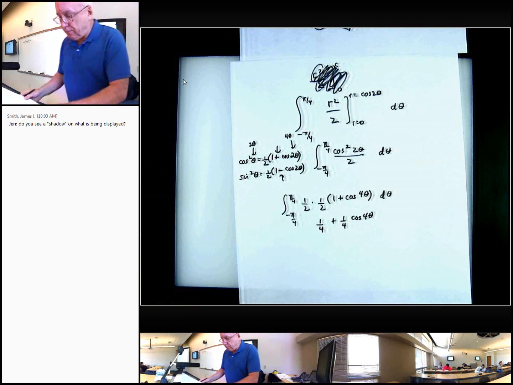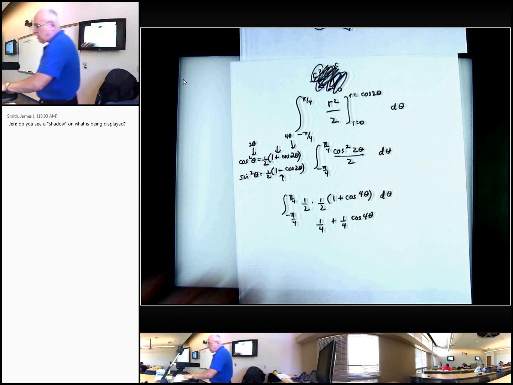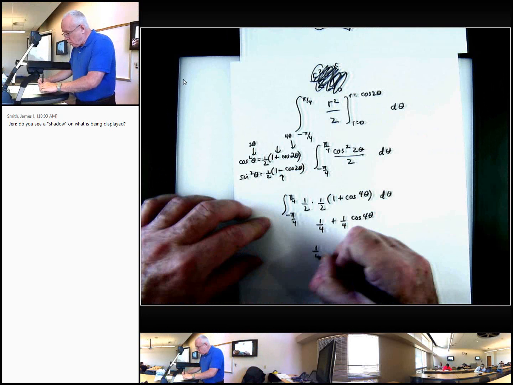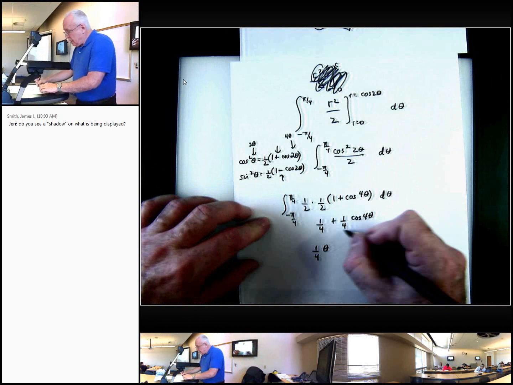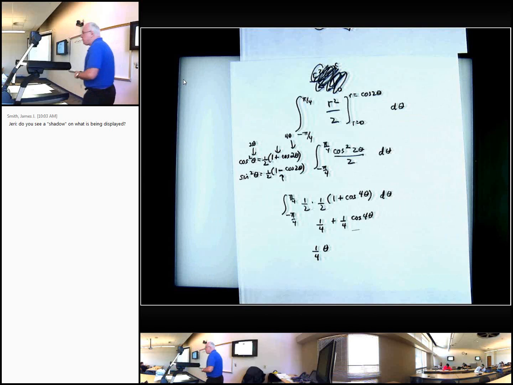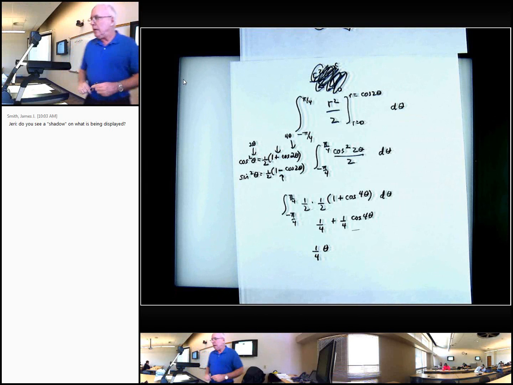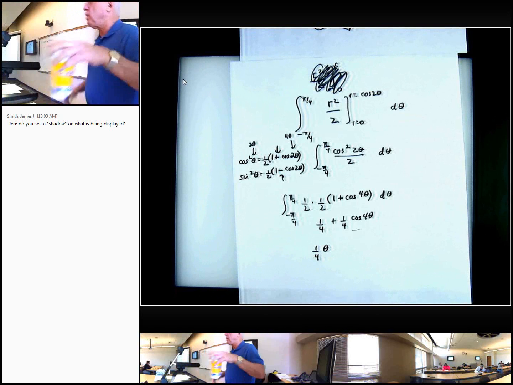Okay, so therefore 1/4, this is with respect to theta, so I tack on a theta, 1/4 theta. Now let's find the antiderivative of 1/4 cosine of 4 theta. Again, without going through all the u substitutions. Anybody hazard to tell me what I'm going to have?